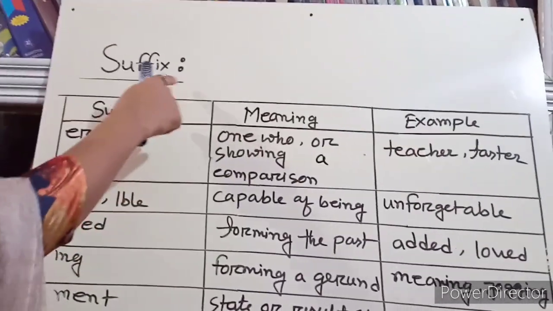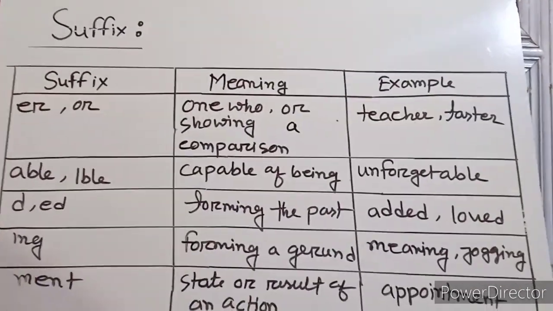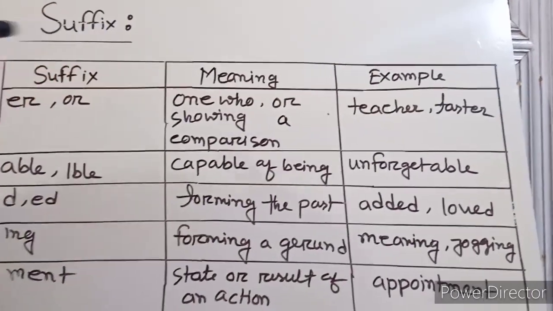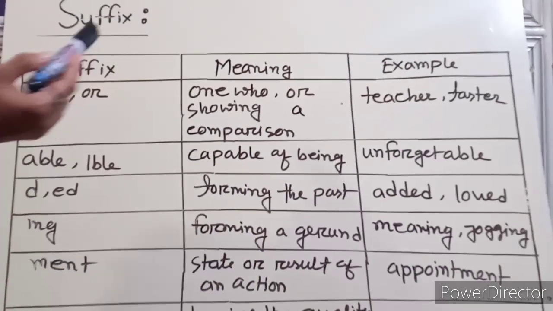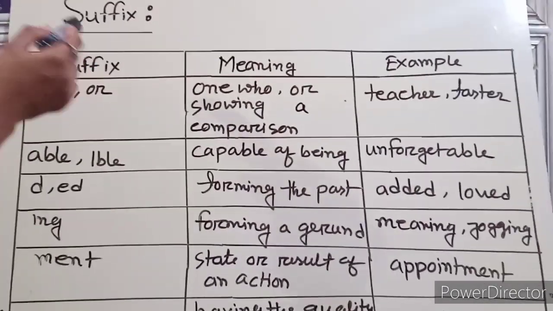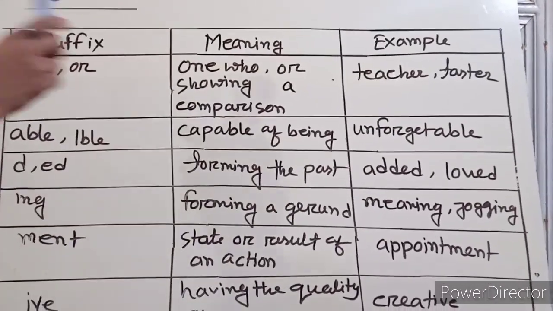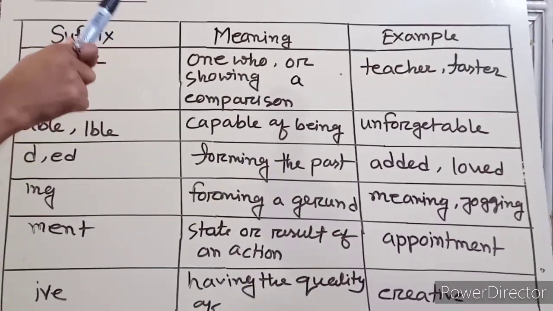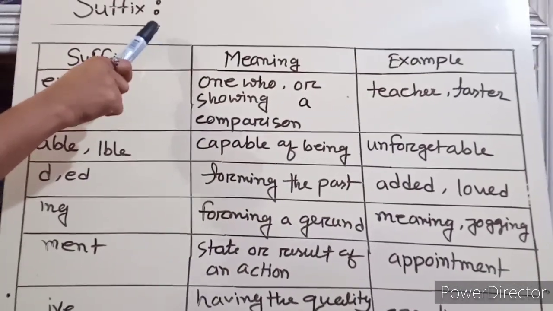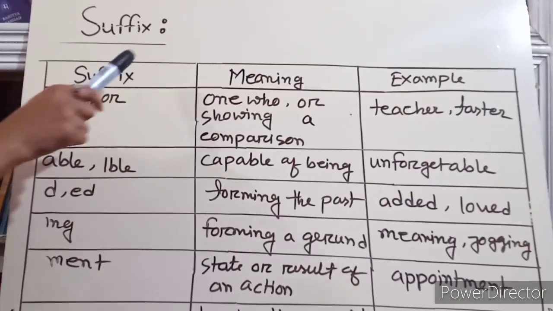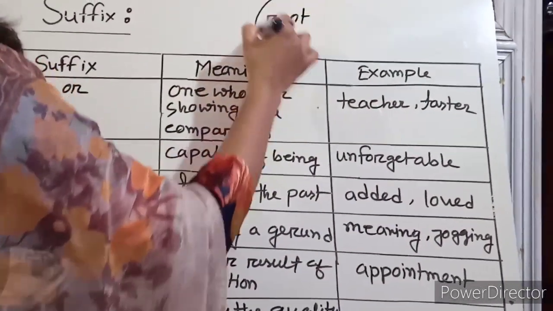Now it's about suffix. Now let's turn to suffix. I already told you the definition, but I repeat it again for you, students. A suffix is a syllable added to the end of a word to form a new word. That means you need a root word as well.